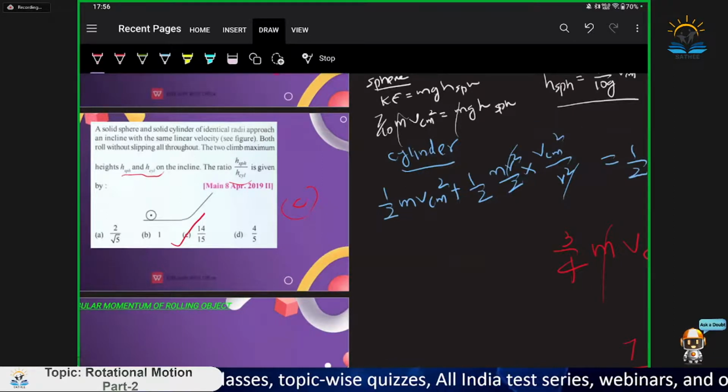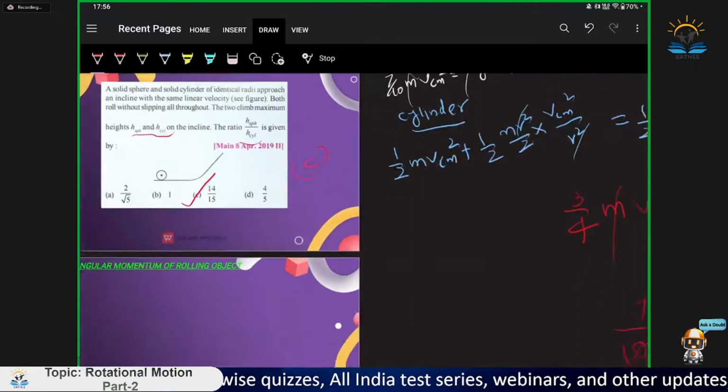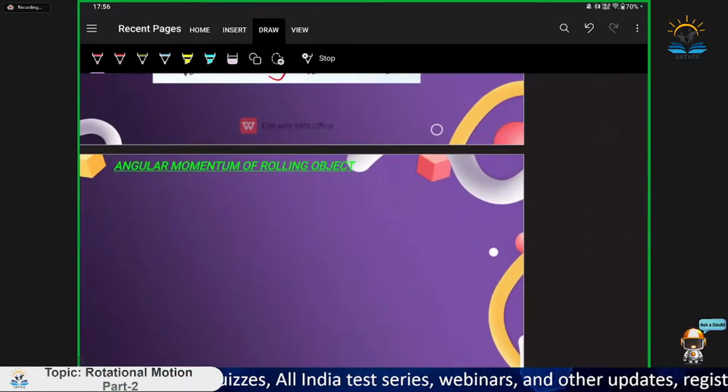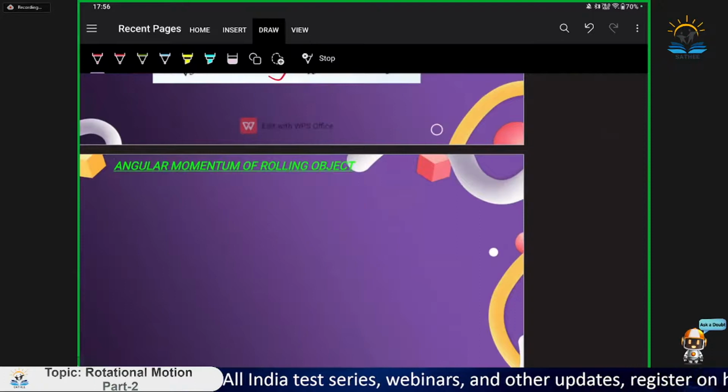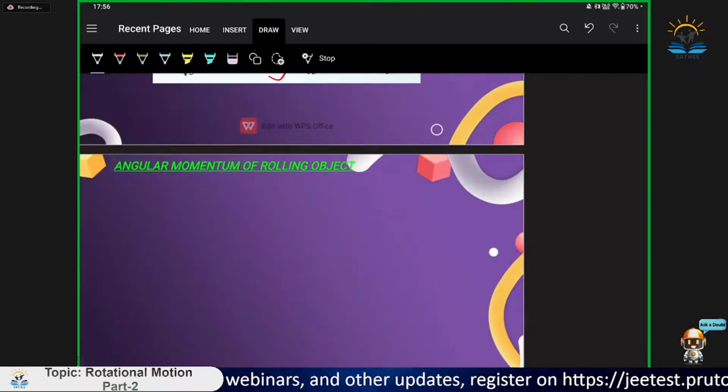Okay, we have a last concept here: angular momentum of a rolling object. Angular momentum of a rolling object will be how much?